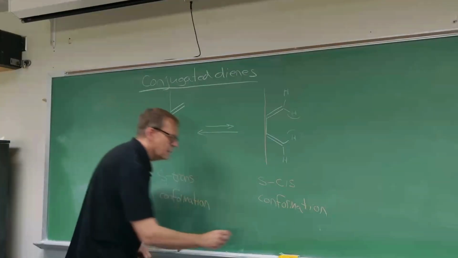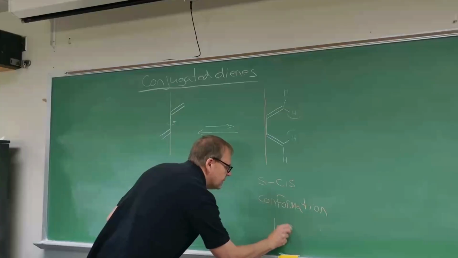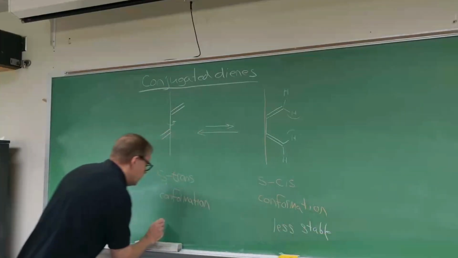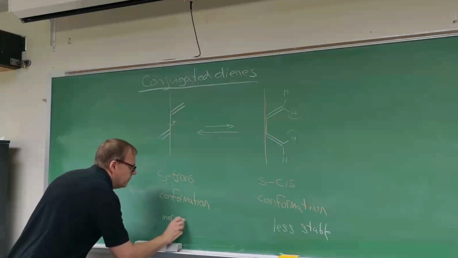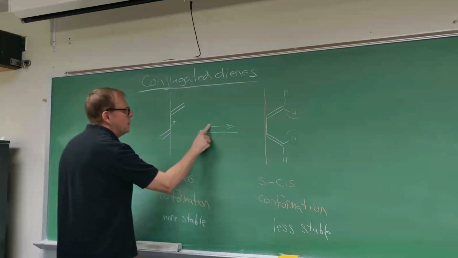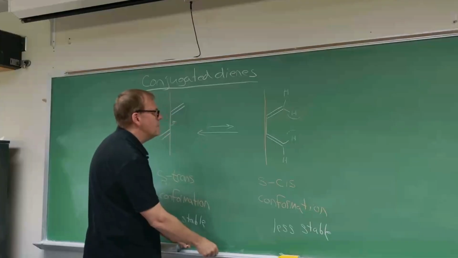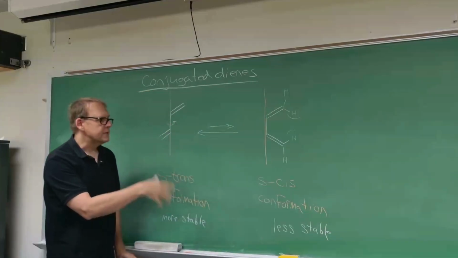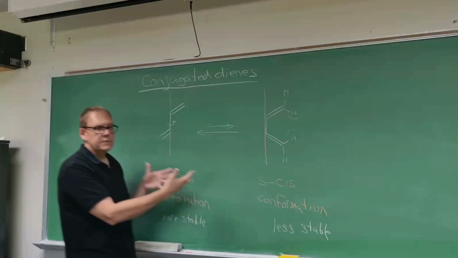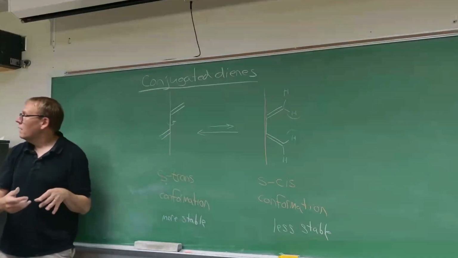This one is less stable. So it can adopt both conformations, but you'll notice I made the arrows different sizes. It prefers the s-trans over the s-cis because the s-trans has less strain.